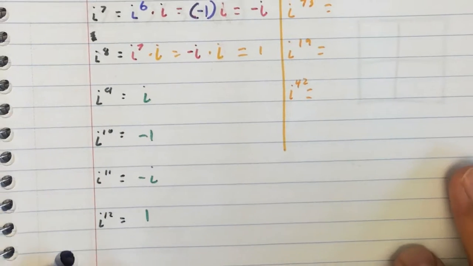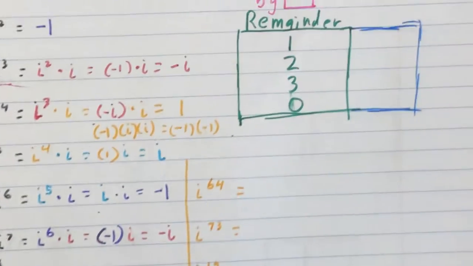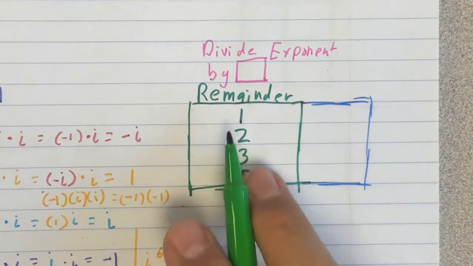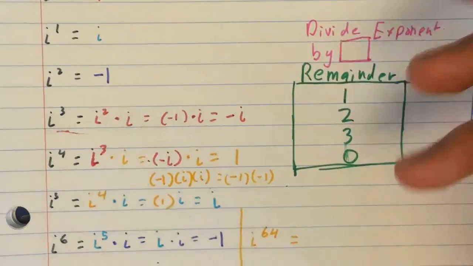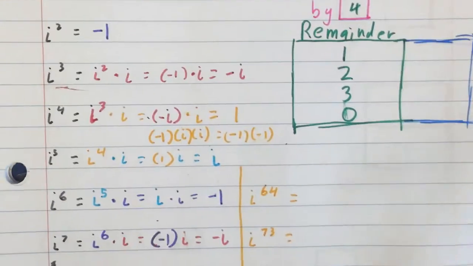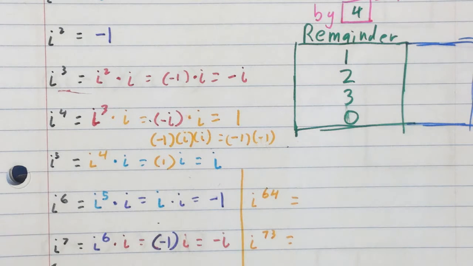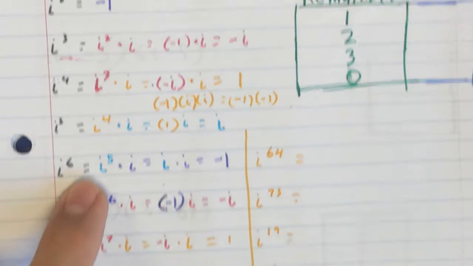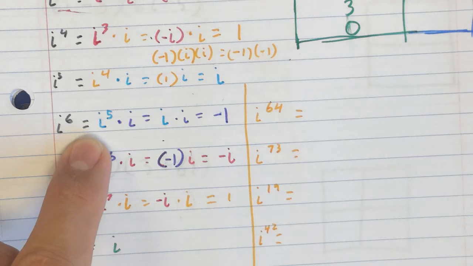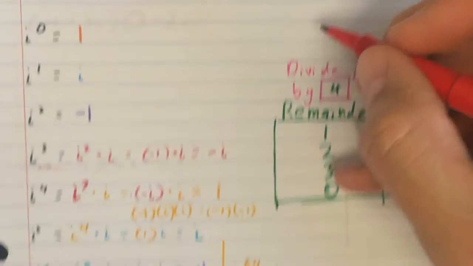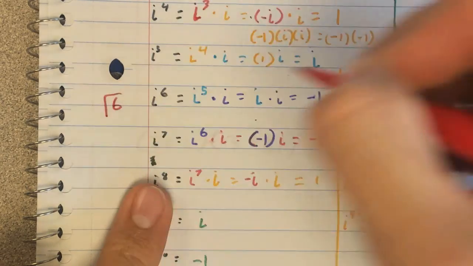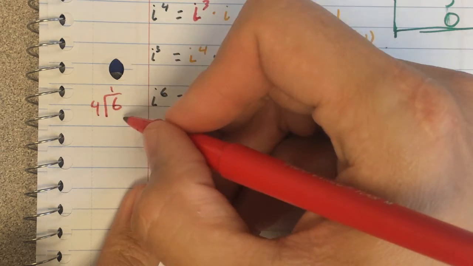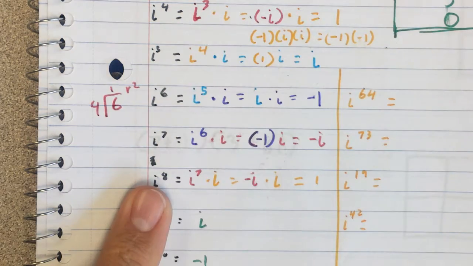So I made a little cheat sheet over here. You are going to divide by 4. There are 4 different ones we're looking at. So we're going to divide by 4 and get the remainder. For example, let's do I to the 6th power. When I do 6 divided by 4, I get 1, remainder 2.